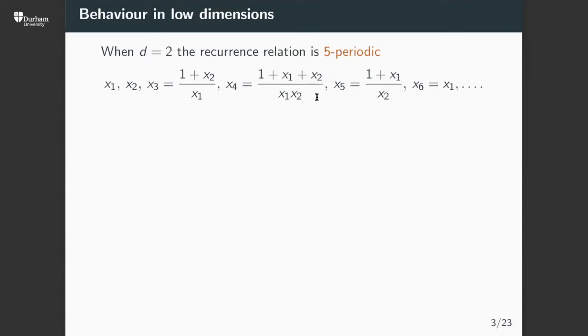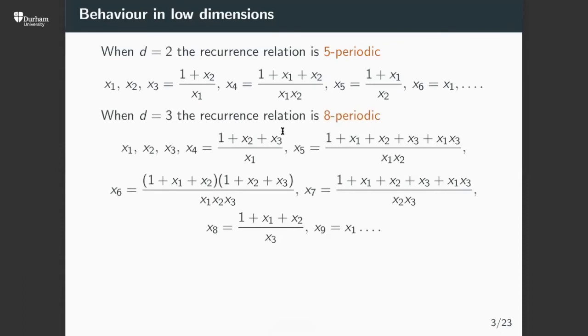And then a very surprising thing happens in the next step: if I do 1 plus x4 and divide by x3, then when I write that in terms of x1 and x2, it actually looks a lot simpler than the last term. And then if I do it one more time, I find that x6 is equal to x1. So it has this very nice periodicity that is a priori completely unclear that you'll get.